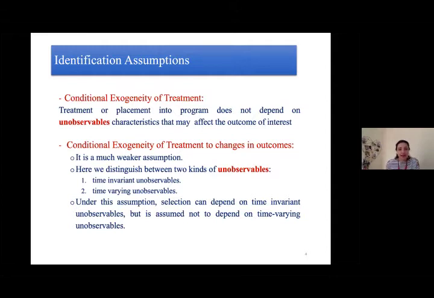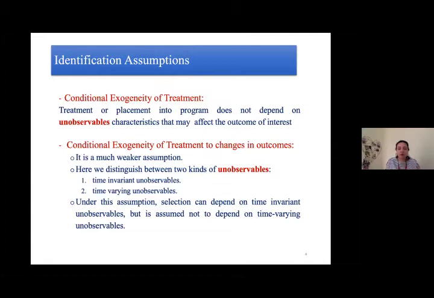So again, the weaker assumption says that we can take into consideration the unobservable characteristics, but we'll focus on the unobservable characteristics that are time invariant. And we'll assume that all unobservable characteristics that are time varying, that change over time, are not affecting the selection into the program.